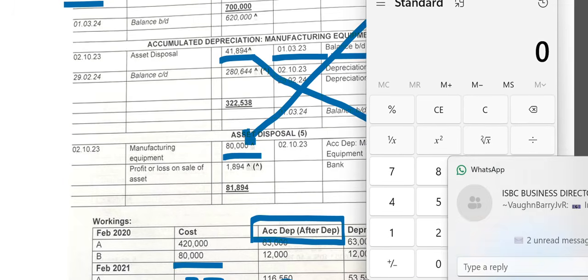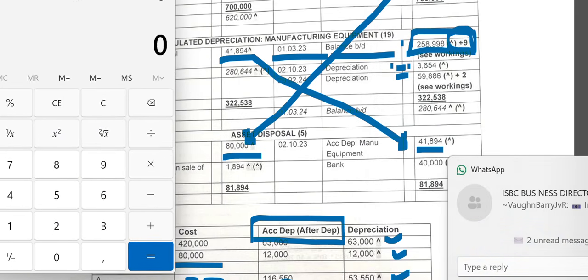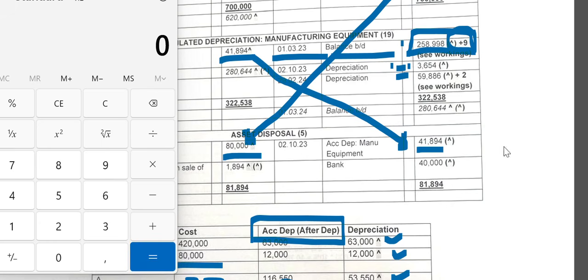So we've got 80, that's the cost price, minus the 41,894. Remember, you rounded this all off to the nearest rand, that's why we got round numbers, is equal to 38,106. That is the book value of equipment B. In our books it's worth 38,106.